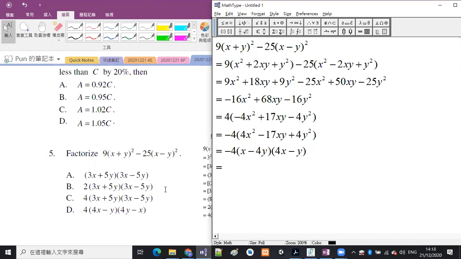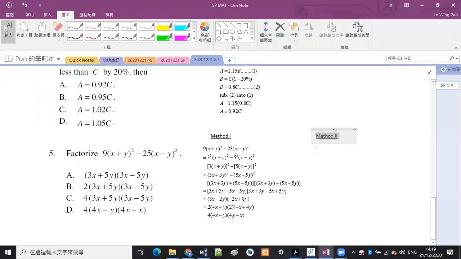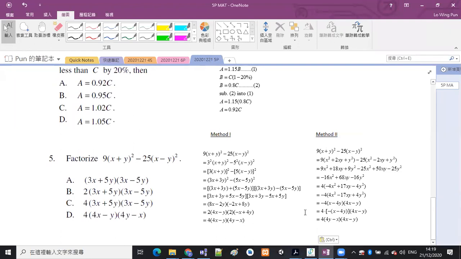So that will be like this: 4 times negative of x minus 4y, and then 4x minus y is copied, and then this x minus 4y becomes 4y minus x, and then we have 4x minus y. Okay, and that will become option D again. So both methods are like this.